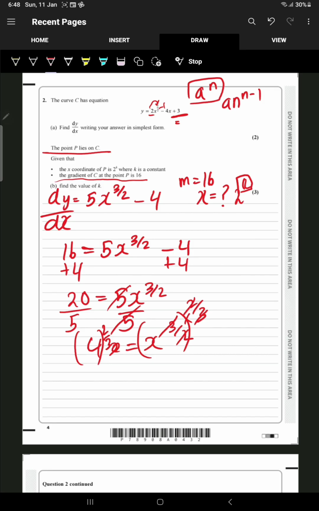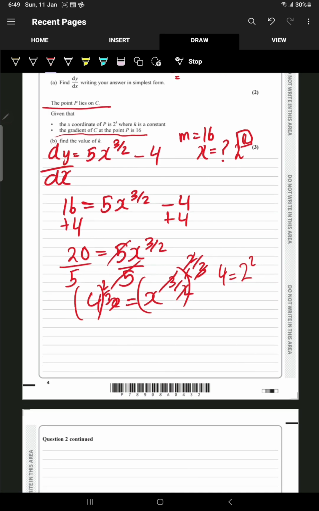Let me think about it. Oh yeah, I forgot. We don't need to write 4 to the power of 2 over 3. Here 4 is a square number, so we can write 4 is equal to 2 squared. I thought we had to write 4 to the power of 2 over 3, which is going to be irrational, the decimals.